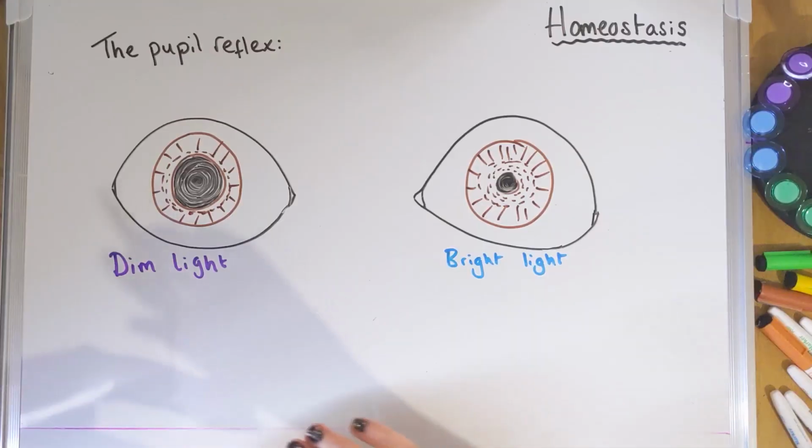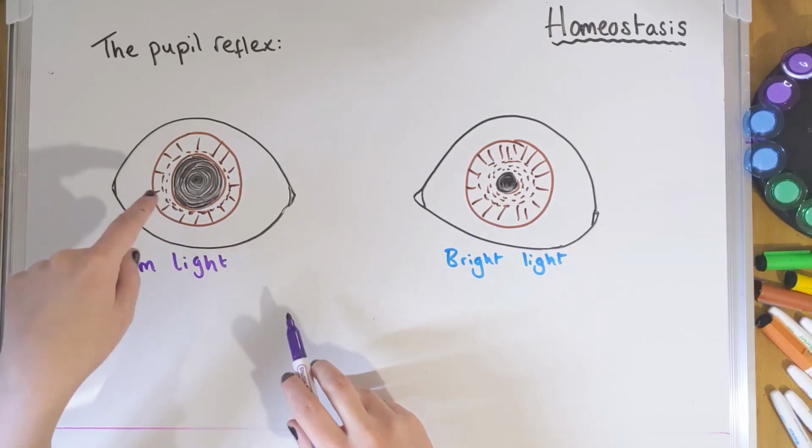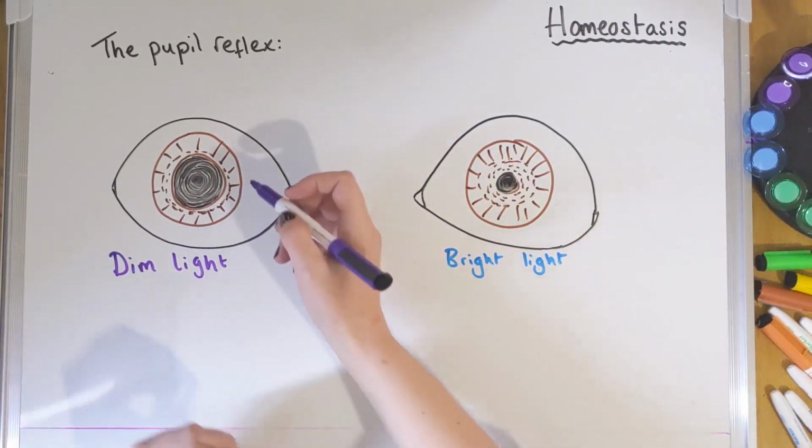Now your iris, if you look very close under a mirror, or you look up a picture of an iris up close, you'll notice that it's not smooth, it's very pocketed, almost like looking at a canyon or a rocky mountain top. The reason why it looks like this is to do with the muscles that make up the iris. So the iris is made up of 2 sets of muscles.